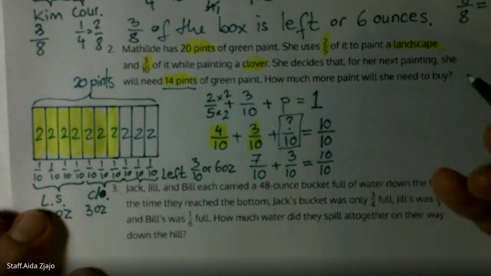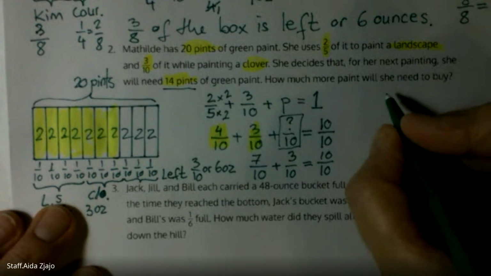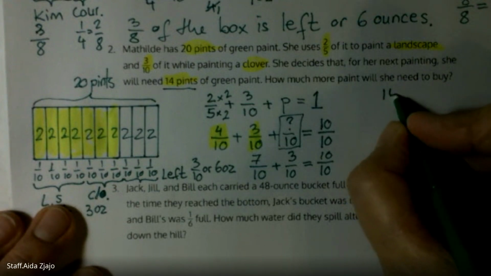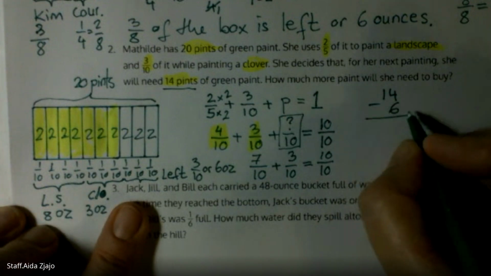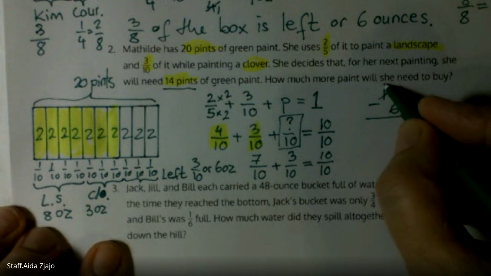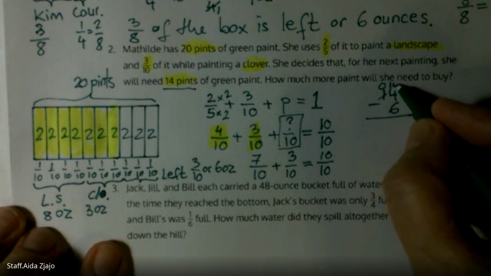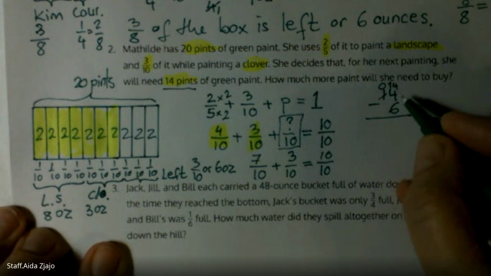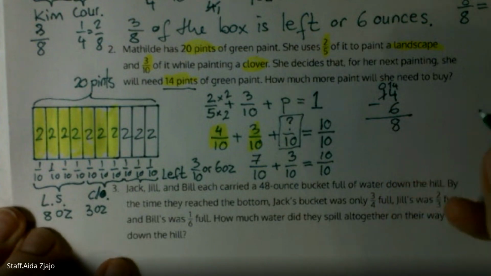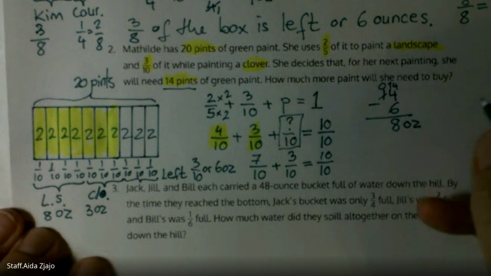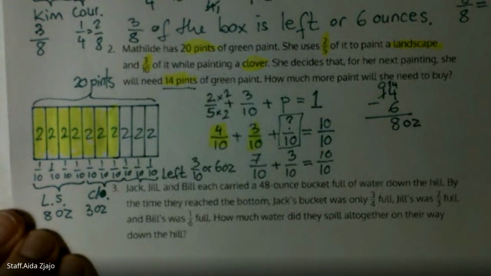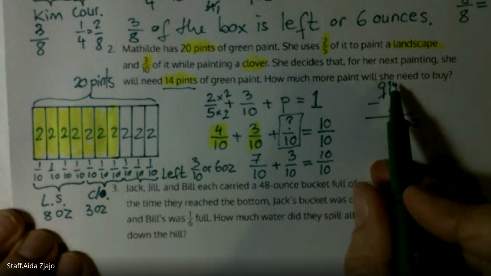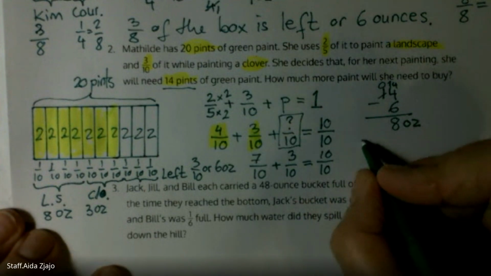So if you think that she needs 14 and she already has 6, so 14, regroup the 10, 14 minus 6, that's she will need 8 ounces more to buy in order for her next painting. How much more paint will she need to buy?